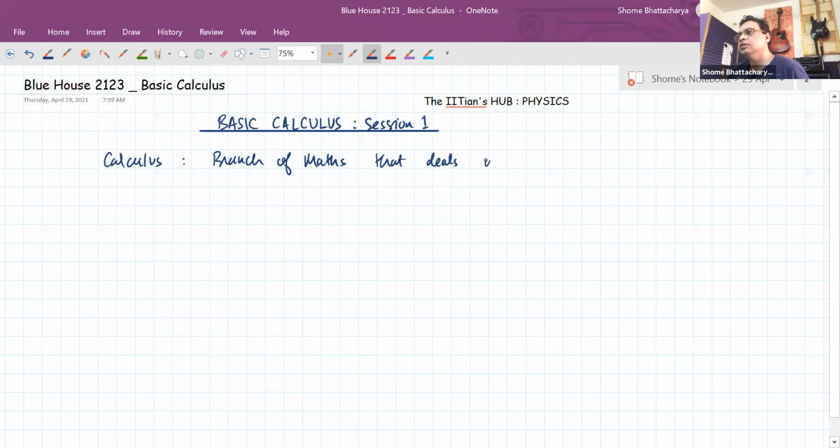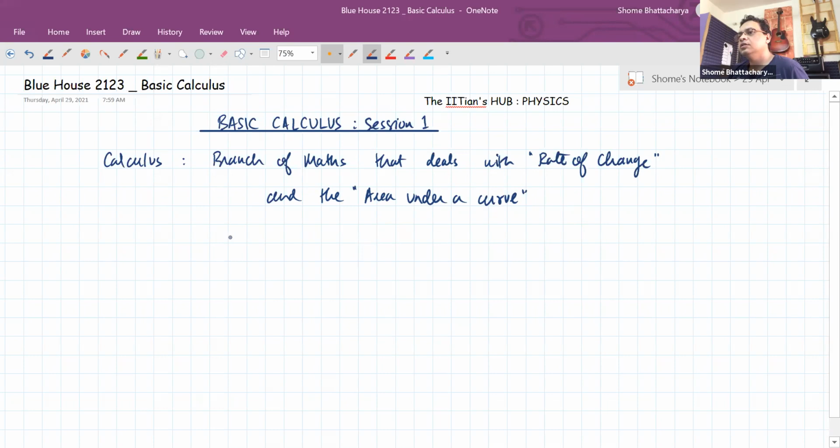It deals with rate of change, something we'll be discussing in detail in today's session. Okay. And the area under a curve, something that we'll be discussing subsequently.